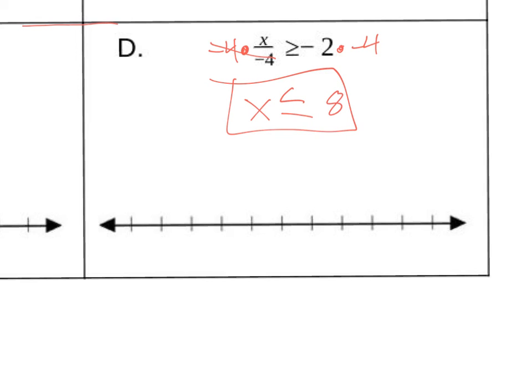So what does that solution mean? Throw a couple numbers in here, 7, 6, get your number line going. And this is going to be a closed dot on the 8 and anything less than. So all values on that number line to the left of 8 are possibilities, including all of those negatives when we get there.